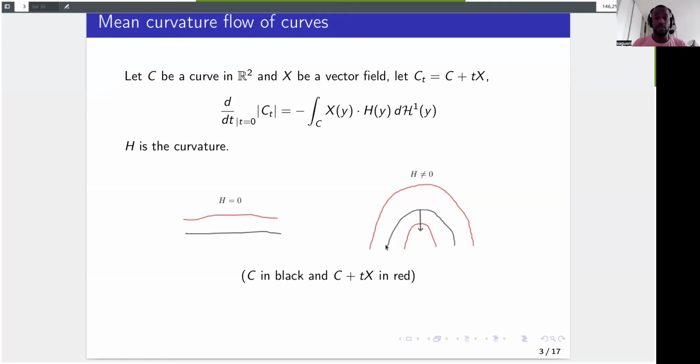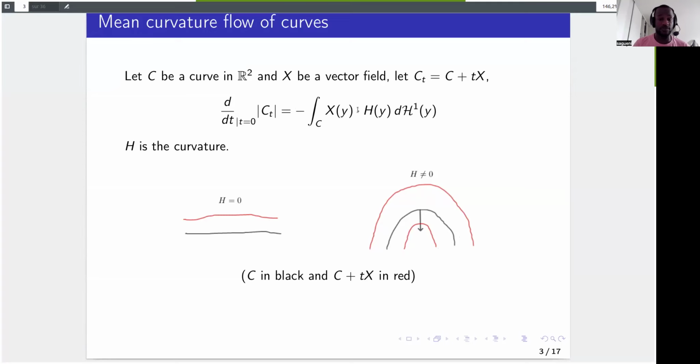Okay, so if I take a curve like this, the curvature is pointing in this direction. When we perturb it, we have this new curve in red. When I go down, the length decreases.